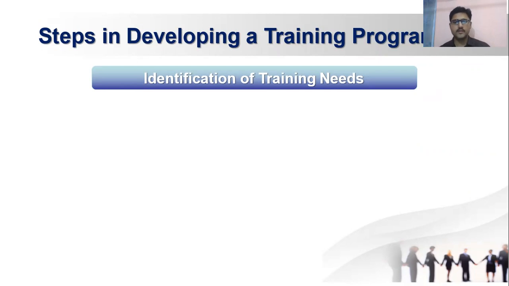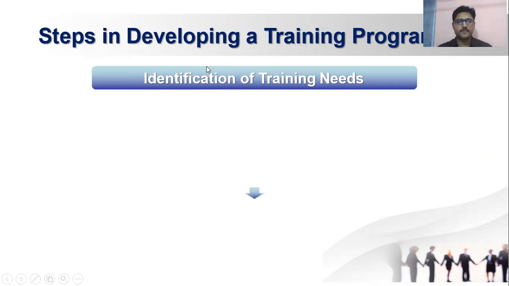You can identify training needs depending on the views of the line managers, depending on the performance appraisal. We covered this topic in our classroom. Performance appraisal, then company and departmental plans, the views of the manager, analysis of different job difficulties. In this way you can identify whether there is a need of training.